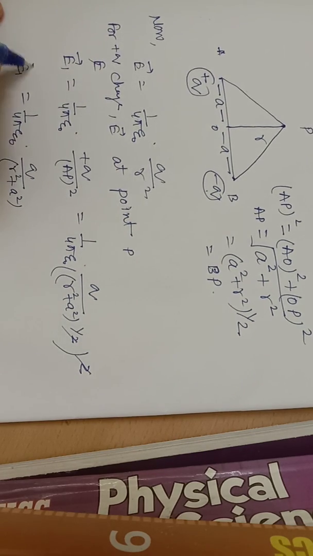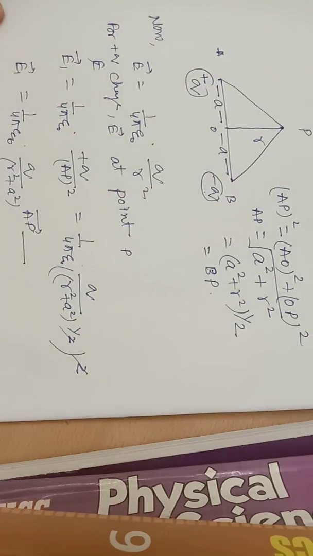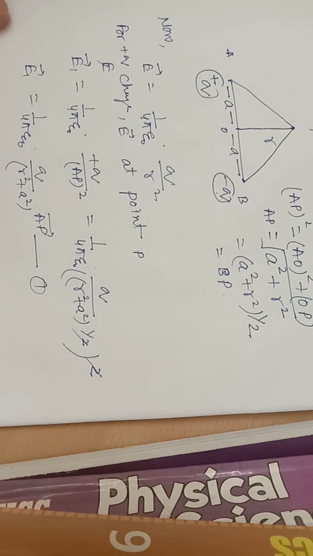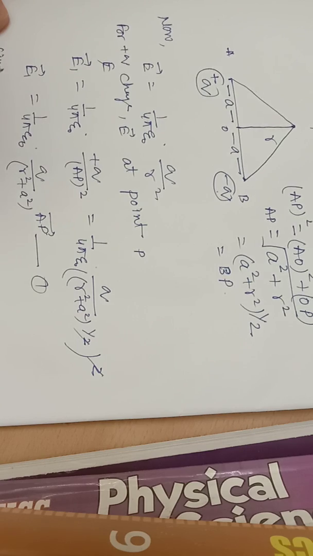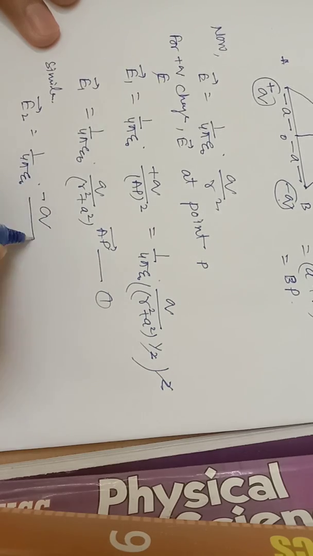And the direction will be from A to P. Direction is from A to P. This is the first equation. Similarly, E2 is equal to 1 upon 4 pi epsilon naught times minus Q upon the same distance, a square plus r square.